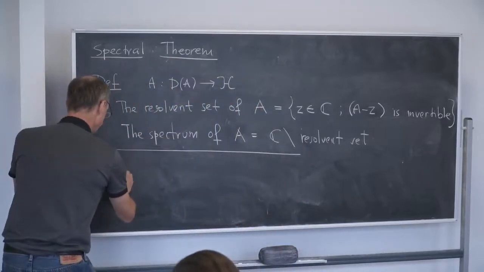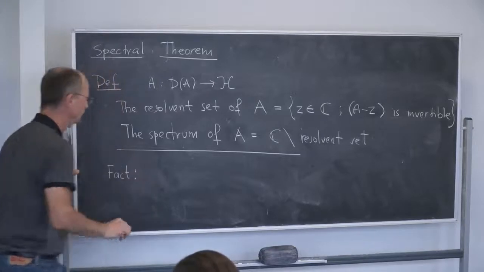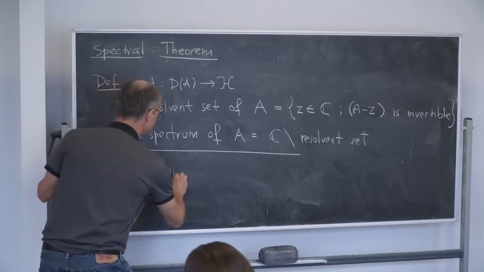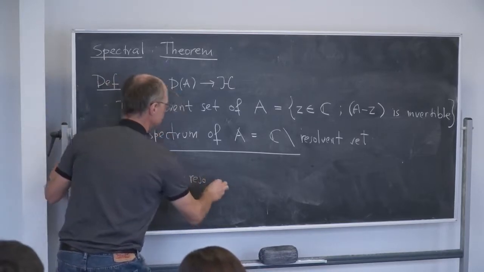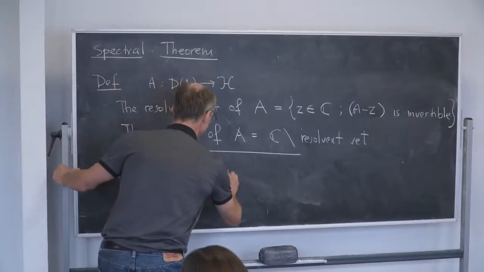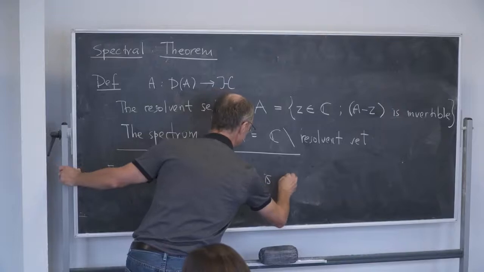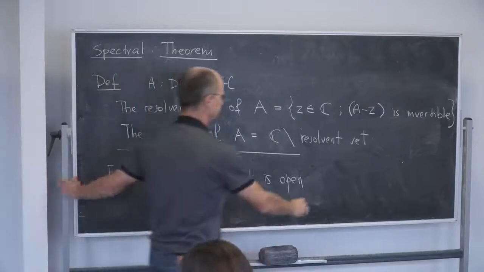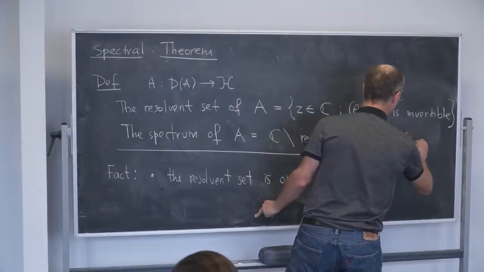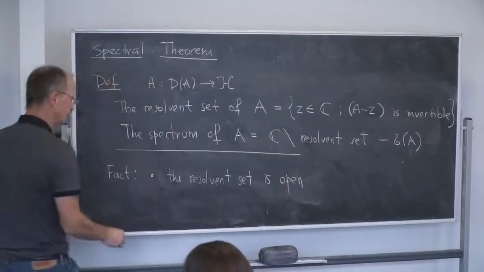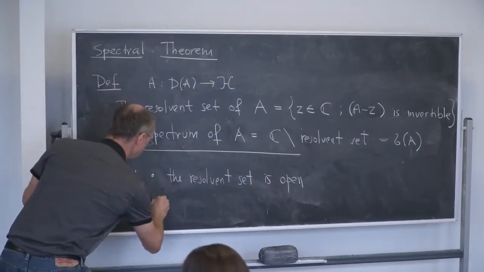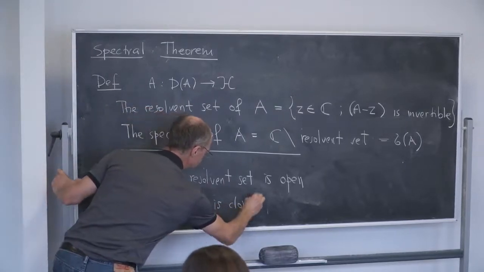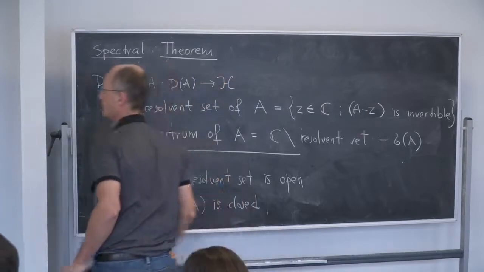Now, we won't need it so much, but still, probably it's good for you to know it. The resolvent set is an open subset of C, and the spectrum, usually denoted by sigma of A, is one possible notation. And then, of course, sigma of A is closed.